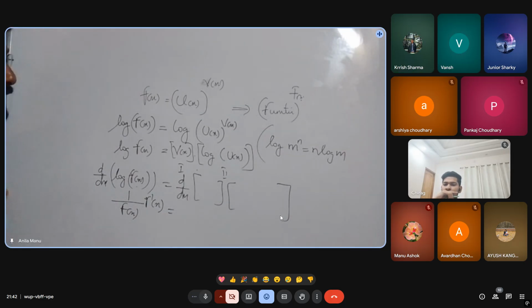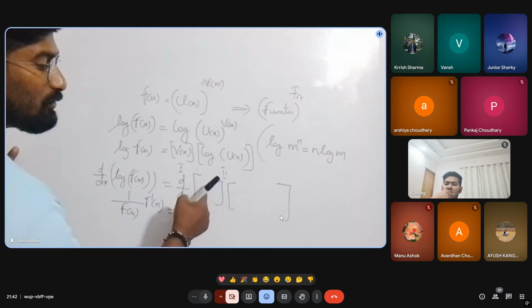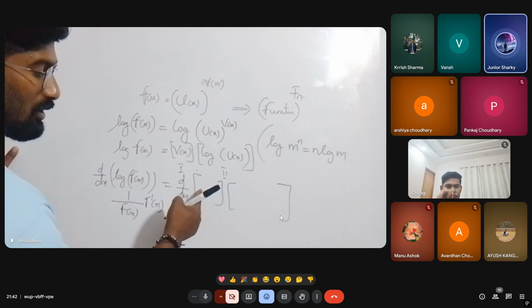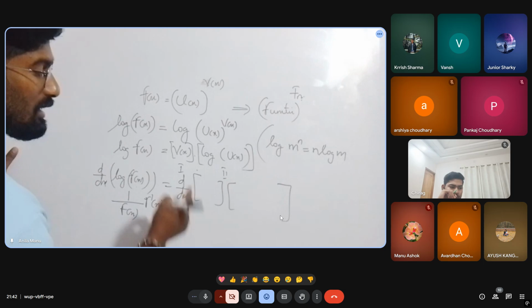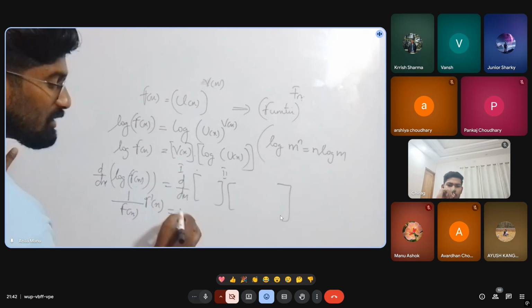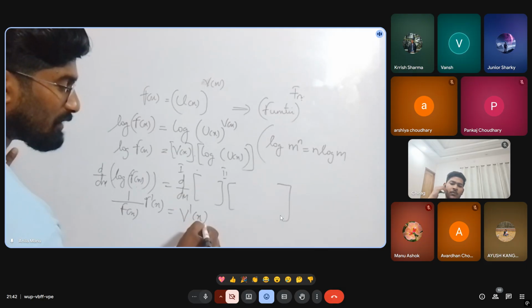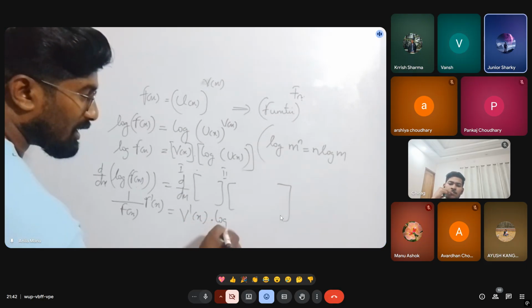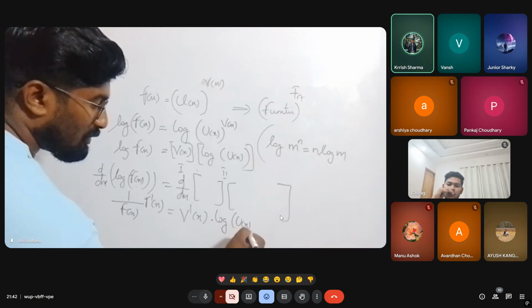Now, on the right side, there are two functions, first into second. We have to solve by using the product rule. When you take the product rule, derivative of the first function, that is v of x is the first function. Derivative of v of x is v dash of x, multiplied with log u of x.